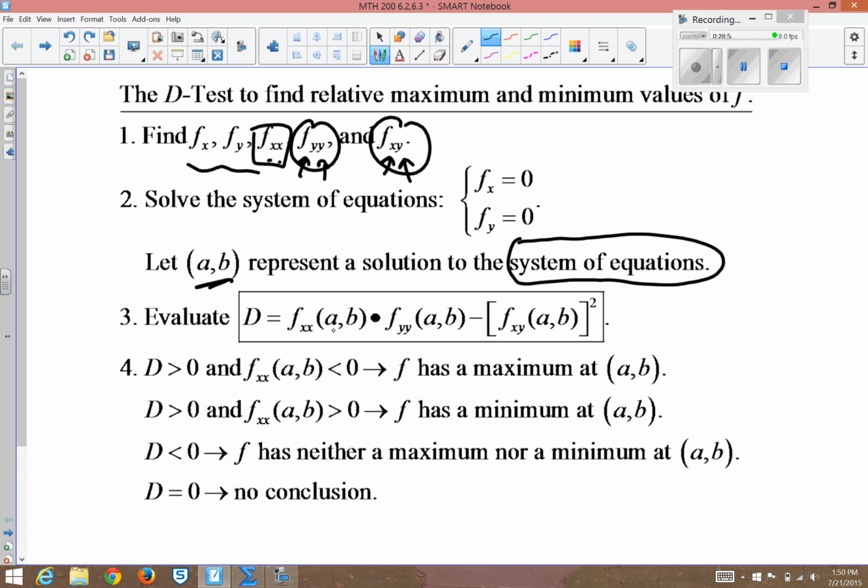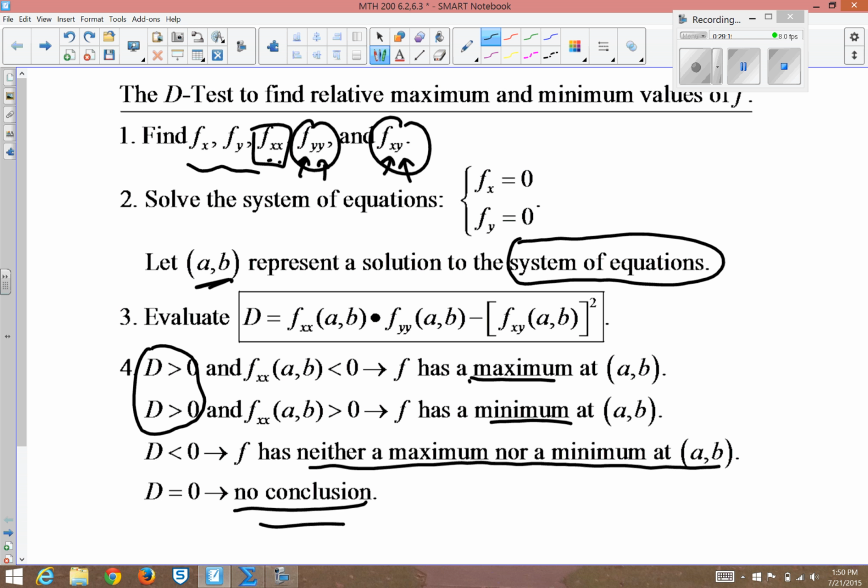If that number called D comes out to be greater than 0, then F has either a maximum or a minimum. If the thing we calculate called D comes out to be less than 0, a negative number, then F has neither a maximum nor a minimum at AB. And if it comes out to be 0 exactly, then we wasted our time. We cannot make a conclusion.